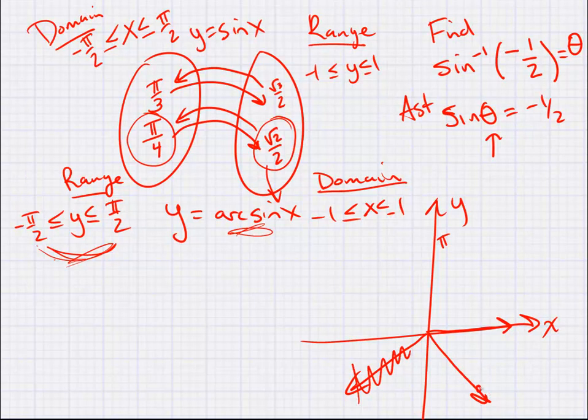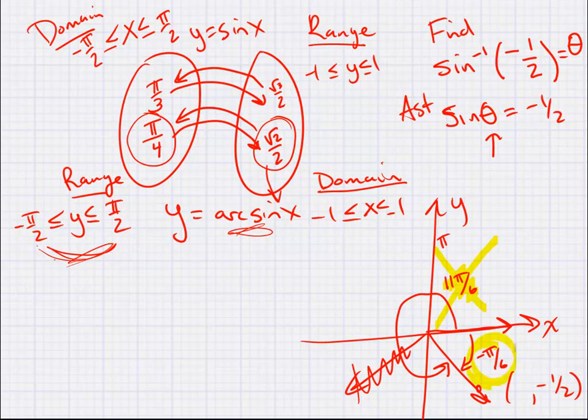So I've got to think, okay, the y coordinate is negative 1/2. And if I remember back to my unit circle, which angle would that be? Well, there's two possibilities. This angle right here, which is 11 pi over 6, or this angle here, which is minus pi over 6. They both end up in the same spot, and both will give me negative 1/2, but this one right here is no good, because that's more than a quarter turn in either direction.